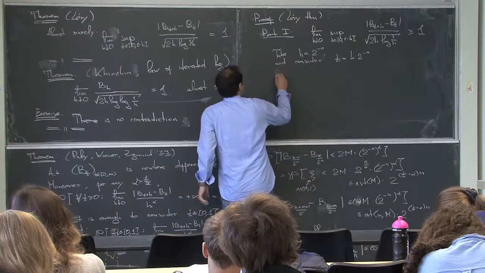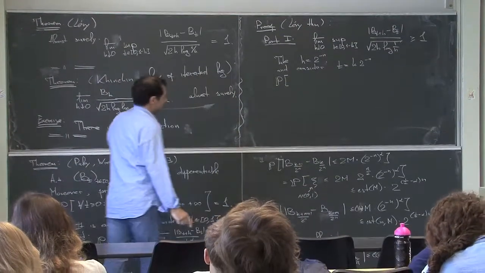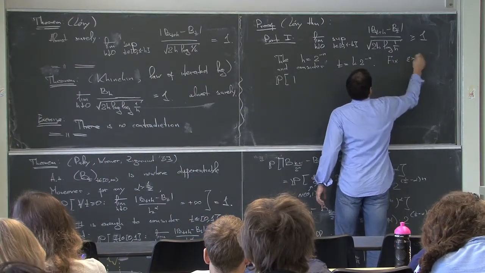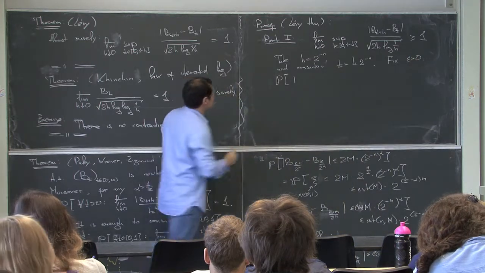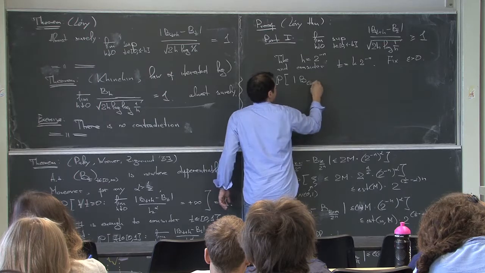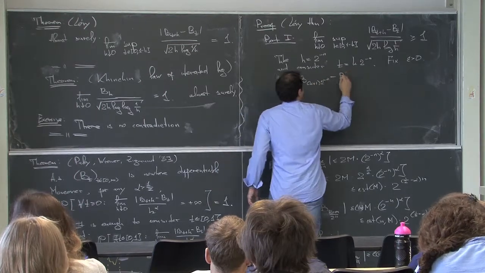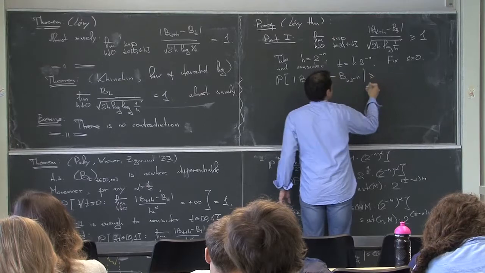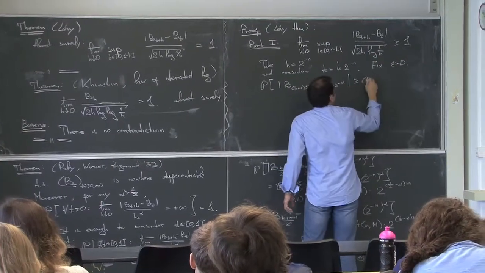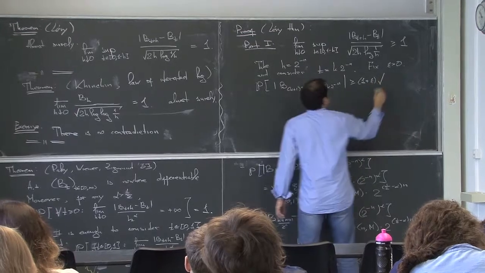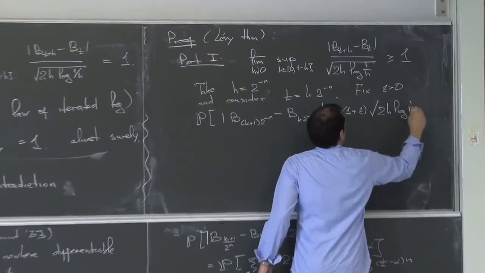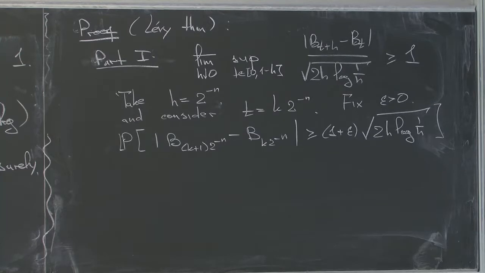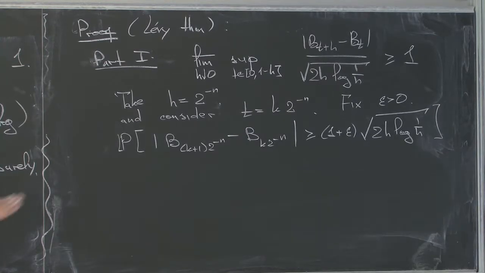Okay, so what is the probability that, fixing some positive epsilon, this increment is greater than 1 plus epsilon times the denominator? This is just a normal random variable.